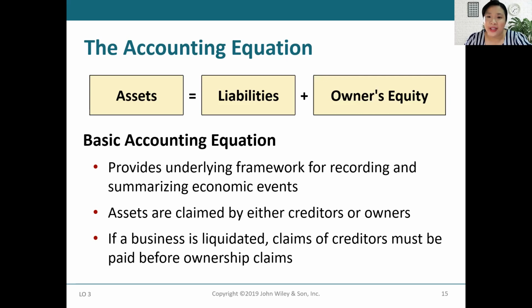The accounting equation says assets equal liabilities plus owner's equity. Now, what are assets? Assets means the resources of the company. Liabilities means the debts of the company. And owner's equity means the ownership or the investment of the owners in the company.